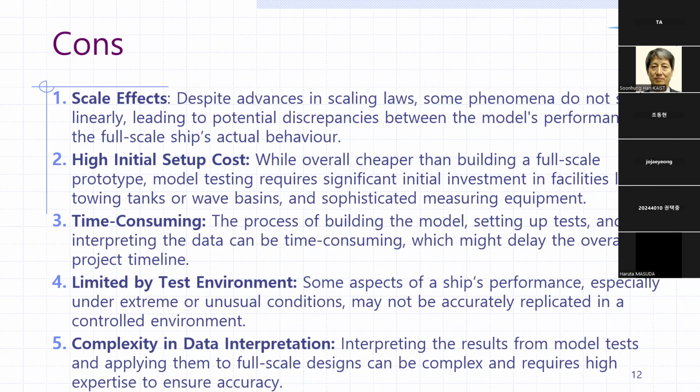And the test environment can be different. For towing tanks, it's normally just calm water, or if we have wave makers, we can make some regular waves, but compared to the real ocean environment, it is different. And the complexity in data interpretation is also a problem because we cannot get the exact data from all the measurements that we have.